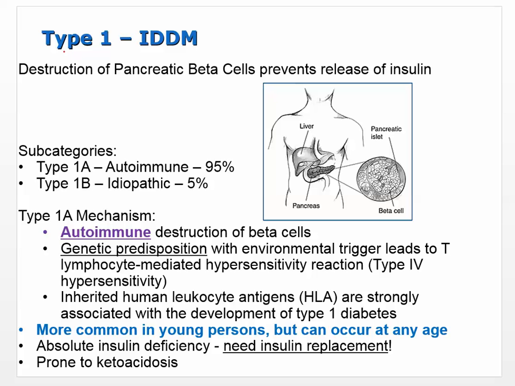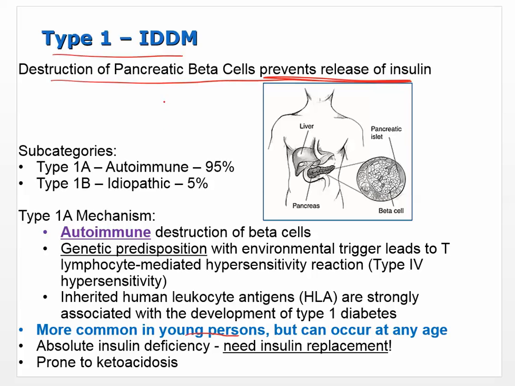All right, so type 1, IDDM, insulin-dependent diabetes mellitus, is the destruction of pancreatic beta cells. Okay, and that will prevent the release of insulin. So it usually comes on in young people, so it's more common in young persons, but it can occur at any age.